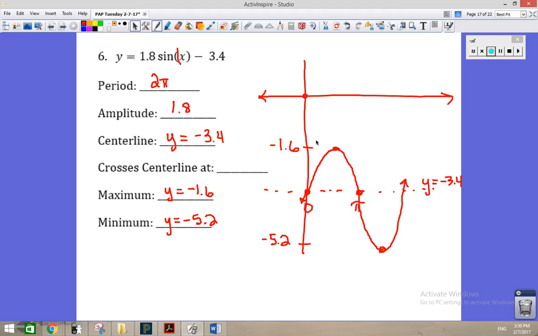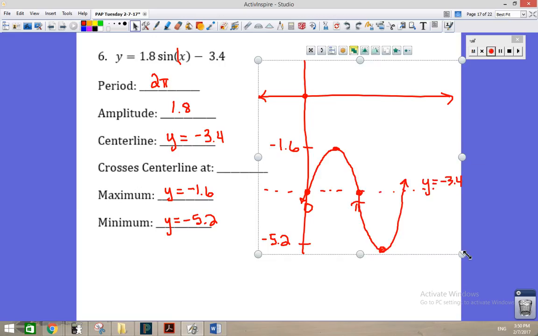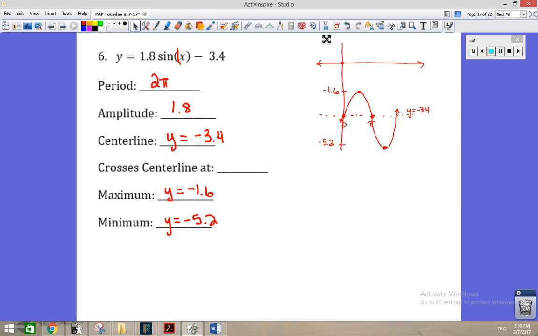So it's going to cross the center line at 0 radians and at pi radians and any coterminal angle to those. So at x equals 0 and any coterminal angle to 0 radians. At x equals pi radians and any coterminal angle to pi. Remember, n is just an integer, 0, plus or minus 1, plus or minus 2, plus or minus 3. So we're adding or subtracting multiples of complete revolutions.